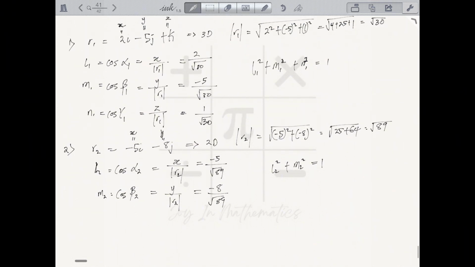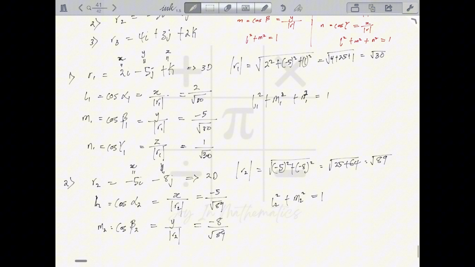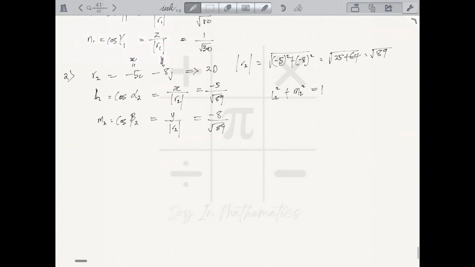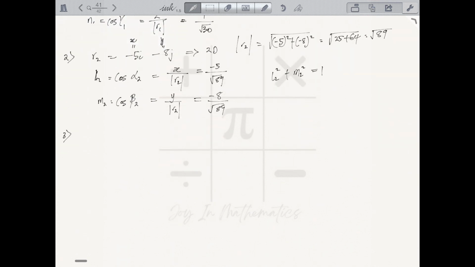And let's solve the last question, which is the direction cosine for 4i plus 3j plus 2k. That's question 3. I believe you got this correctly after you solved it.